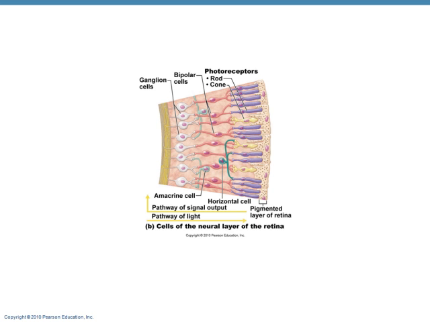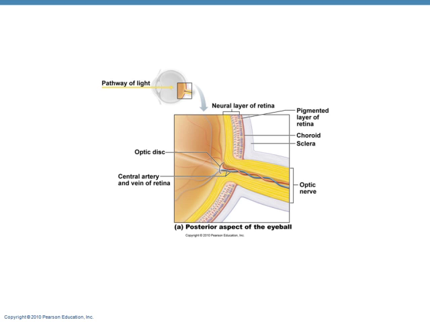And that's a place in your retina called the optic disc. The optic disc is where all of those, and if you look really close, you can see all those little cells. Here are the rods and cones, the bipolar cells, the ganglion cells. All those axons are going to come together and run down the optic nerve to the brain.